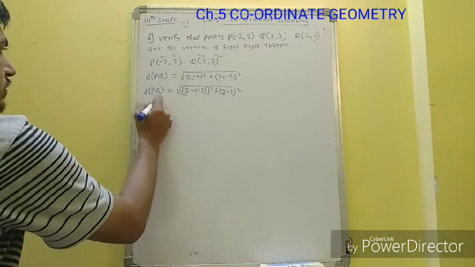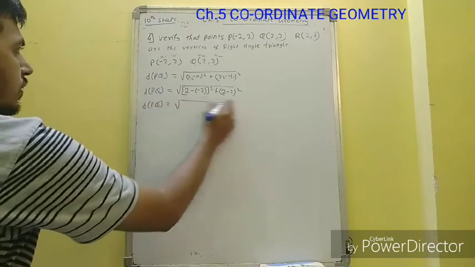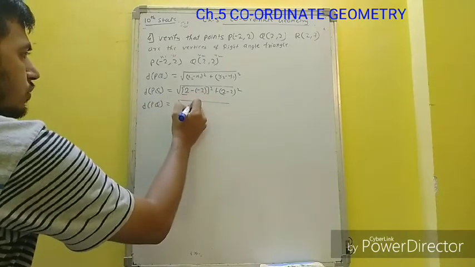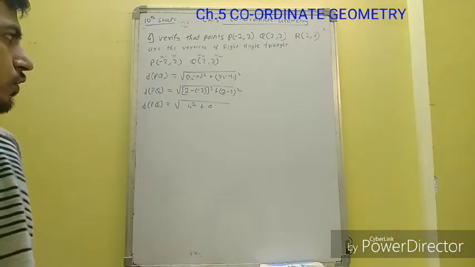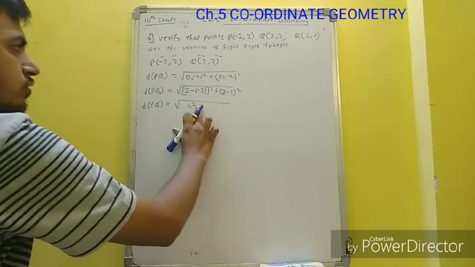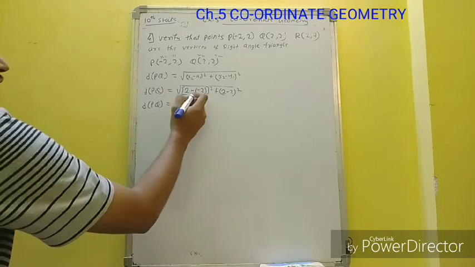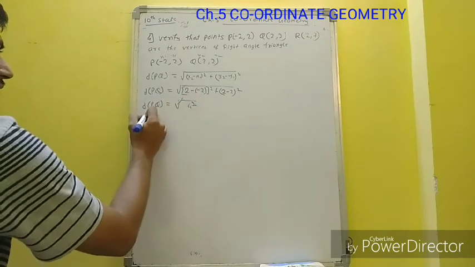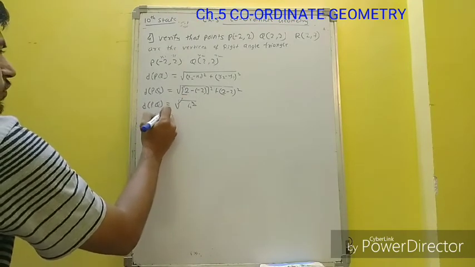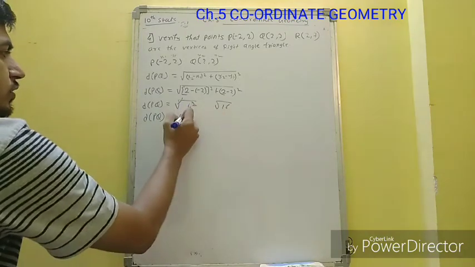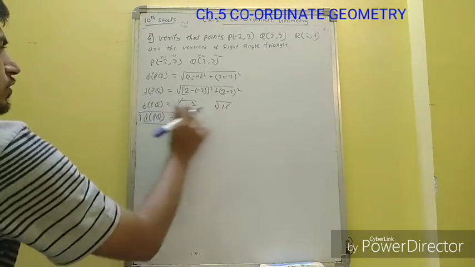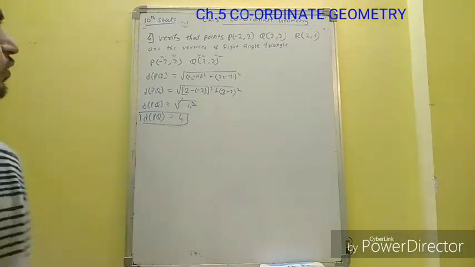So minus minus becomes plus, 2 plus 2 is 4 square, and 2 minus 2 is 0. Okay, if you don't write this 0 then also it is okay. See, this square and square root will get cancelled. Or you can write square root of 4 square is 16, and square root of 16 is 4. So we have distance PQ is equal to 4.